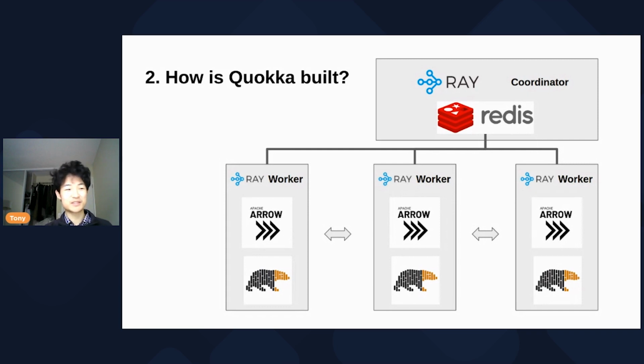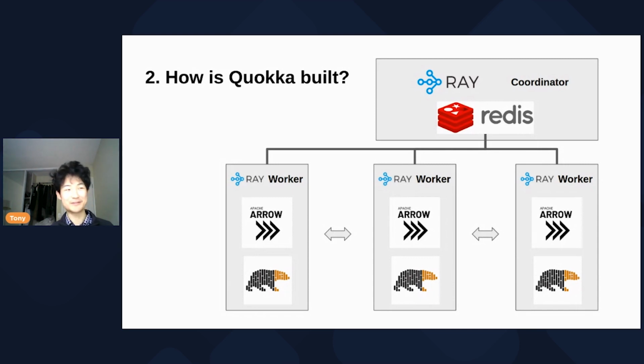So now we have single node Ray worker executors that can execute data frame expressions really quickly, and we have a coordinator with a Redis global store to store some global control state about this application. We can chop up a data frame execution plan into many different pieces and dispatch them to these Polars workers running locally.